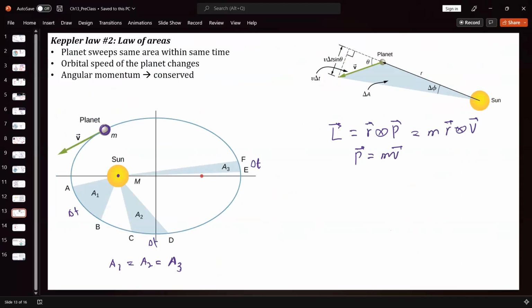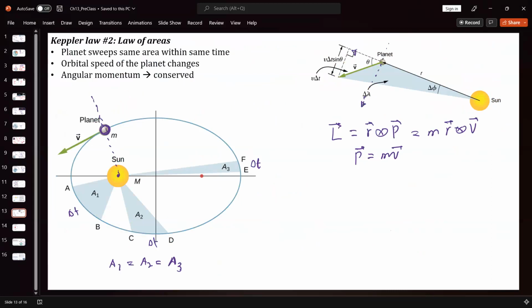Now the velocity of the object, depending on the radius direction, is not going to be 90 degrees. If I draw this line, you can see, unlike the circle, this velocity is along the tangent line at that particular point, but that is not exactly 90 degrees to this radius. So we can separate it into two components: one at 90 degrees, and one along the radial direction. The radial component does not participate because it is a cross product.